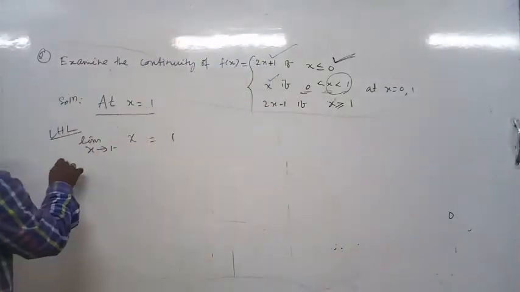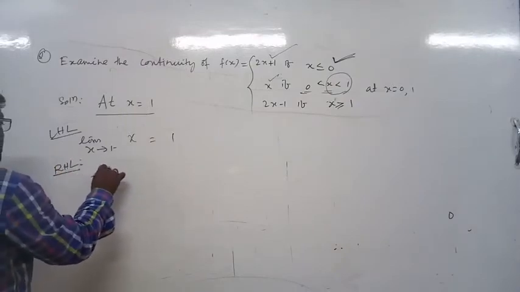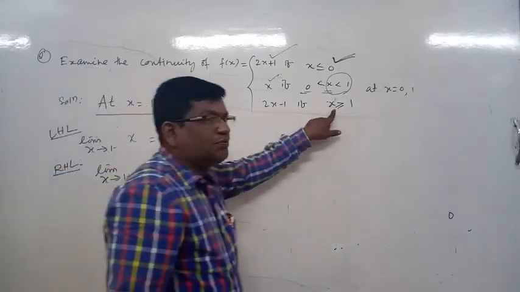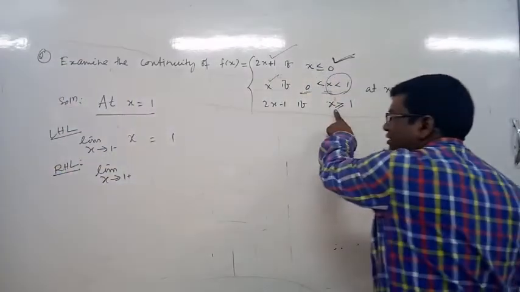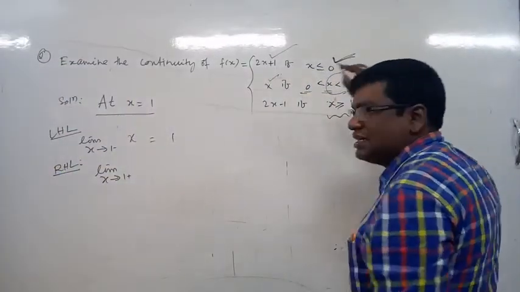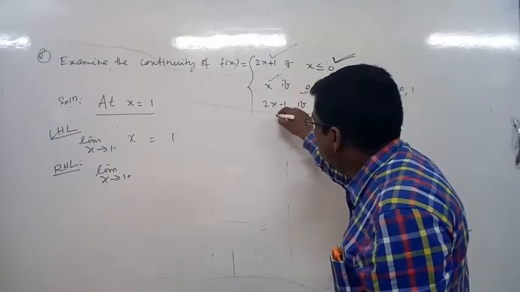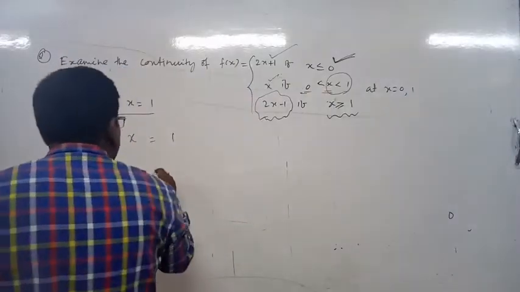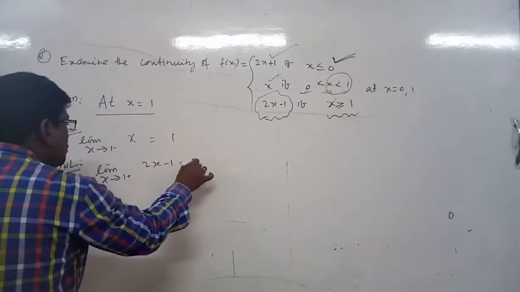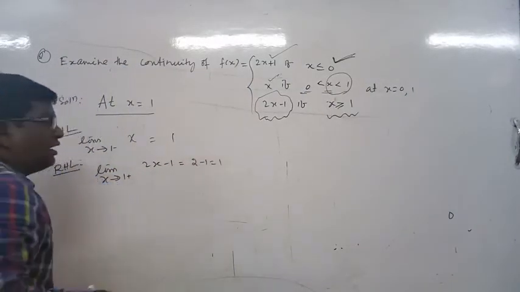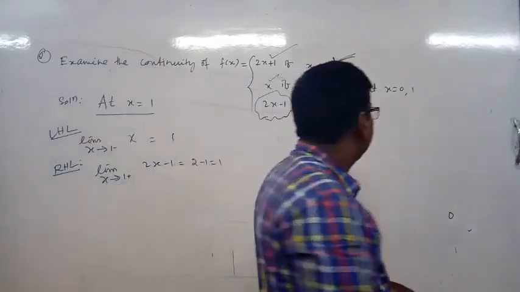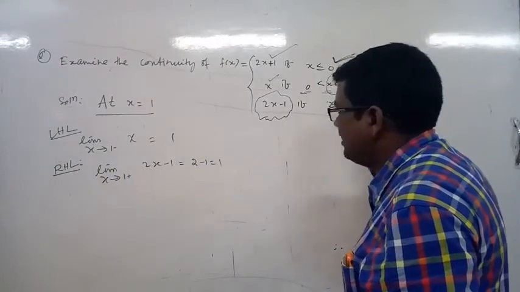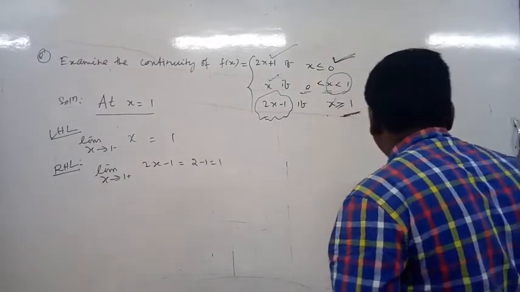Then RHL, limit x tends to 1 plus. 1 plus means greater than 1, x greater than 1. Here x greater than 1 is present. So use this for RHL at x equal to 1. So 2x minus 1, that is 2 minus 1 is equal to 1. And how to find the functional value at x equal to 1? This contains the equal sign.